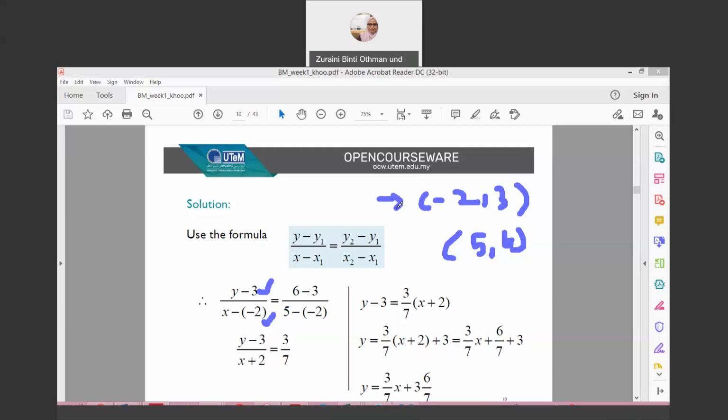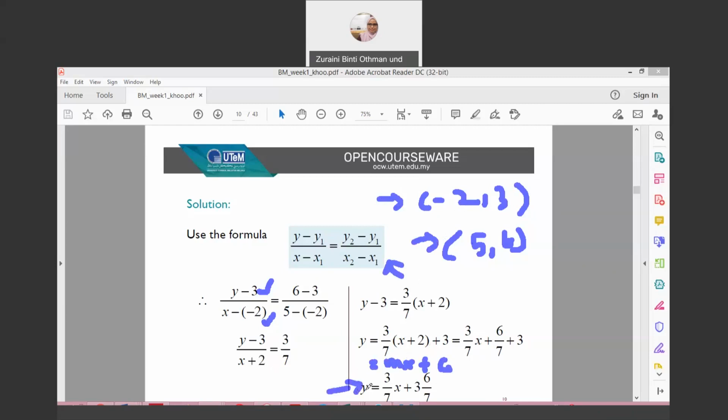This is x1, y1 and this is x2, y2. Just replace them in the equation, then rearrange it into the general form of linear equation just now, which is y equals mx plus c.